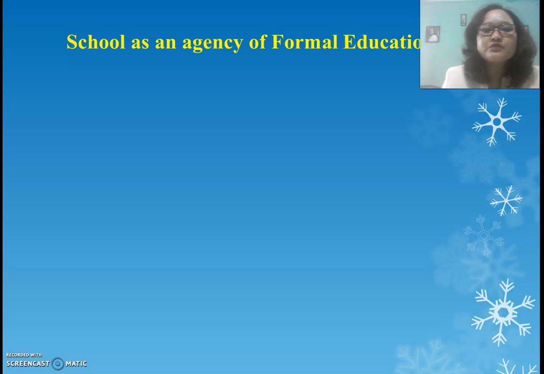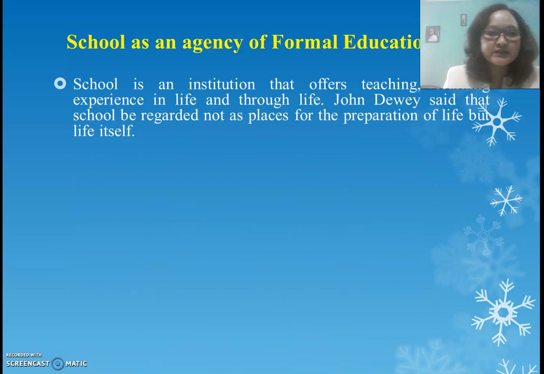Now, when we talk of school as an agency of formal education, let us see what comes out here. School is an institution that offers teaching, learning, experience in life and through life. John Dewey has said that school should be regarded not as a place for the preparation of life, but as life itself.